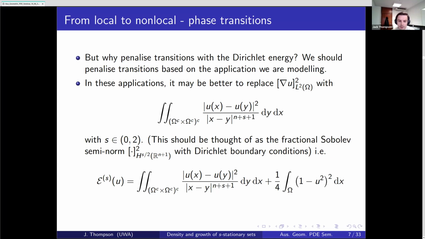It's slightly different because of this extra term here, but you can just forget this. This is just due to the Dirichlet boundary conditions. So essentially, we replace the classical Dirichlet energy with this Sobolev norm. Here, s is between 0 and 2. And then we consider the same energy as before.